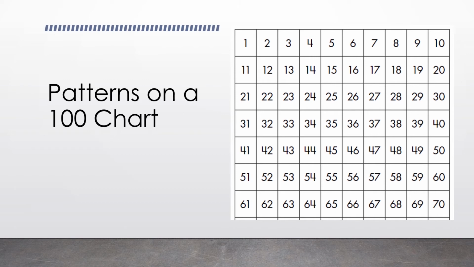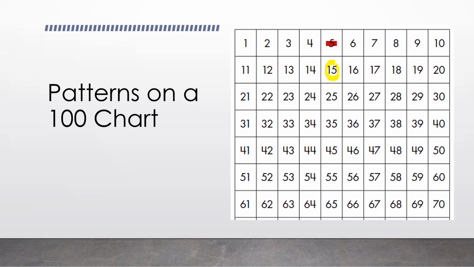If, for example, we didn't know that this number was 5, we can see that we have a number that's missing that's after 4 and before 6. But then if we go down 1, we see the number 15. So the pattern that we can take a look at here is that when we go up on the hundreds chart, we go down 10.